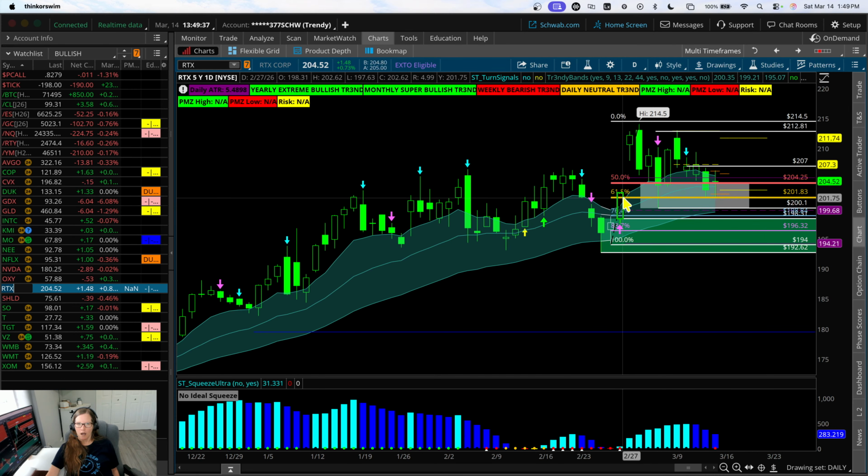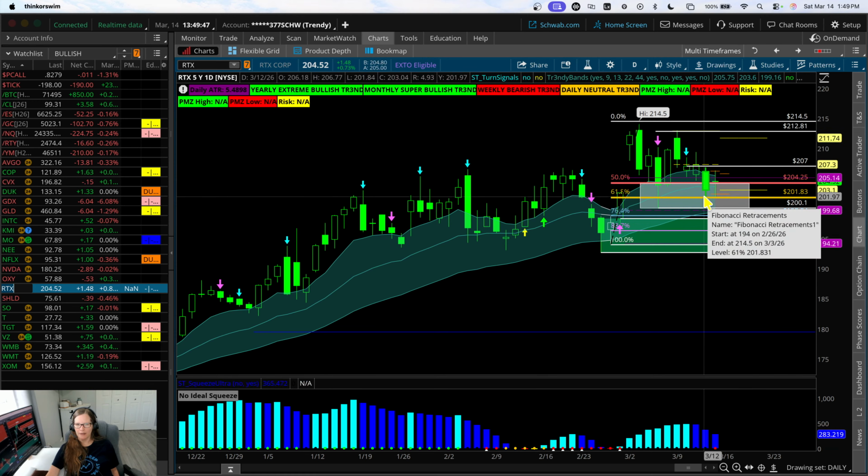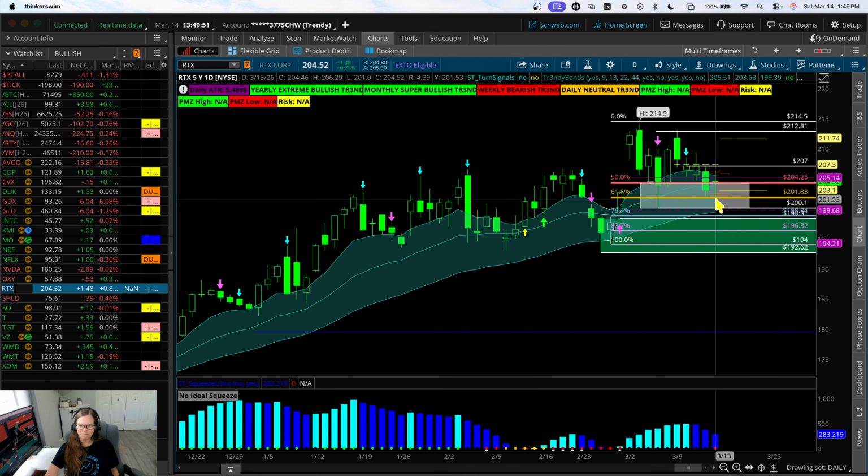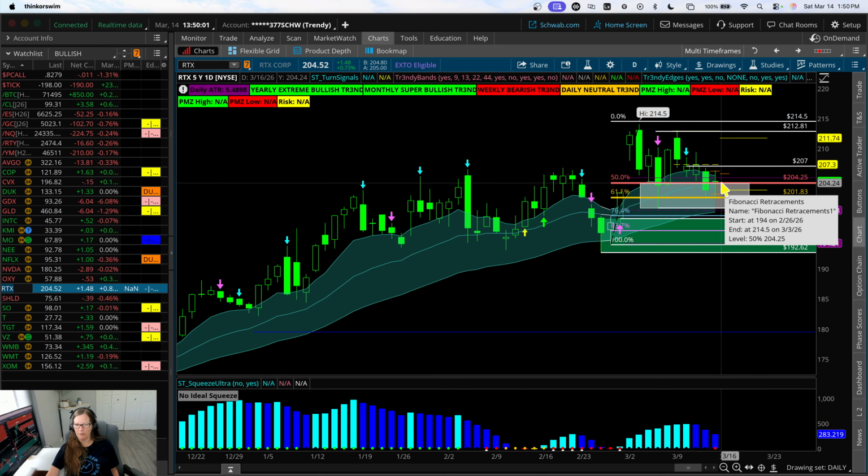So, Raytheon actually pulled back to a bullish golden profit area here. It pulled back there on Thursday, and then on Friday again hit that 618, that golden Fibonacci level, and we got a nice rally back up to the 50 right here.